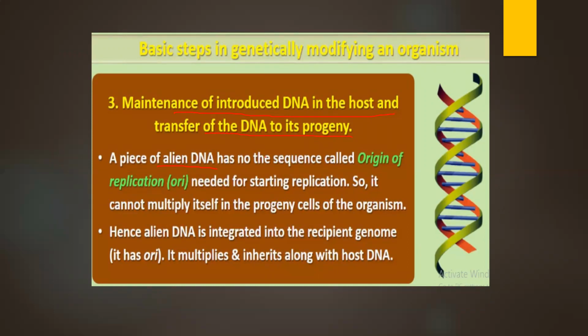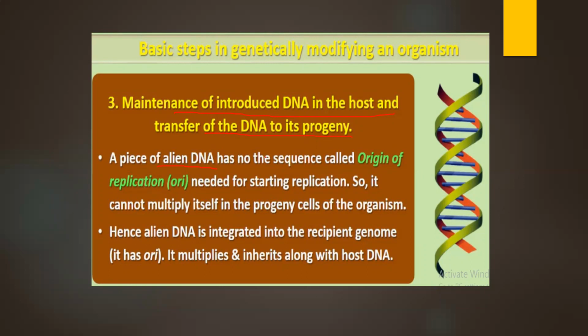That is the origin of replication, so that it gets replicated, because it cannot multiply on its own. So we put it near the ori so that it can multiply. It becomes a part of the chromosome, which has the ability to replicate.